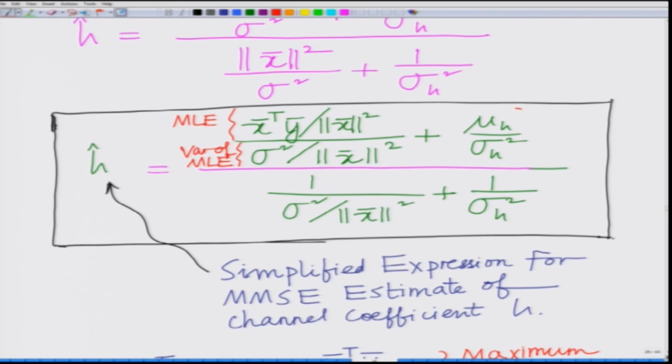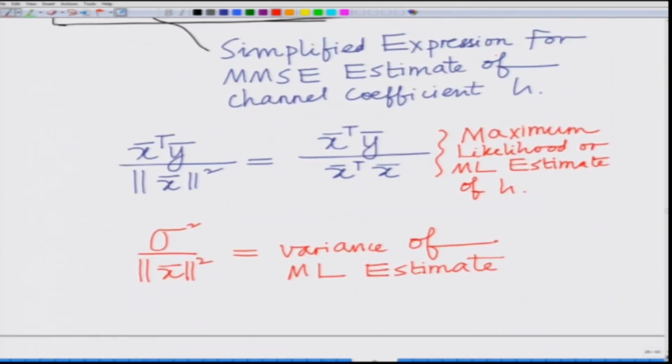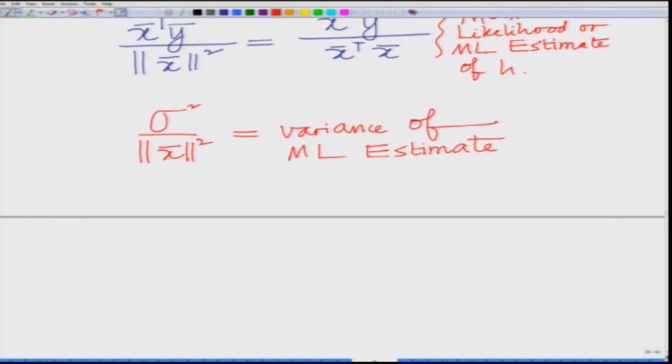And now what is mu h? Mu h is the prior mean and sigma h square is the prior variance. Remember we said the unknown parameter h is random and Gaussian in nature; its prior density is Gaussian, with mean mu h and variance sigma h square.